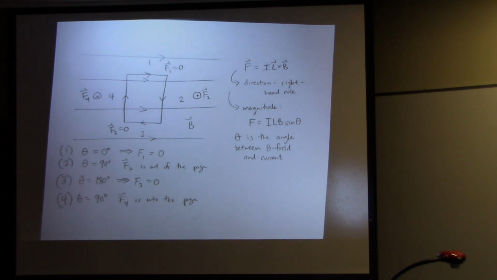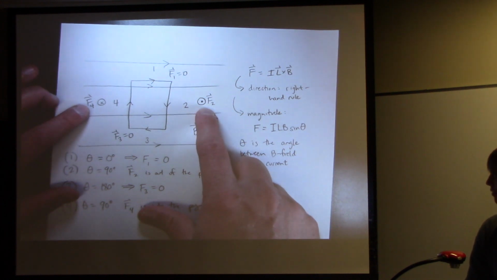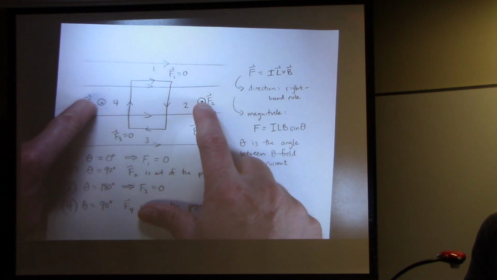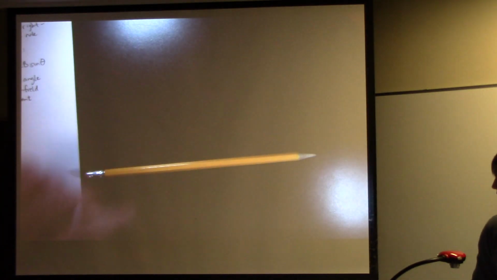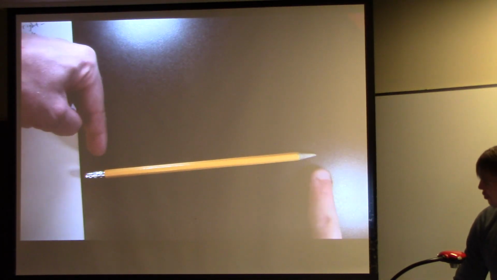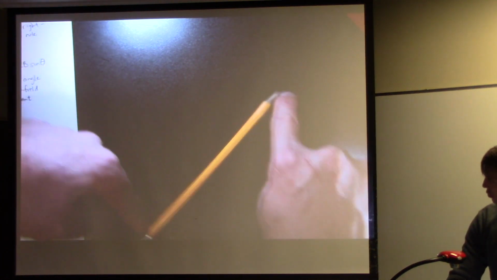Okay, last thing to note here is what happens if I have a force on one side of an object that's pointing one way, and a force on the other side of the object that's pointing the opposite direction. So here, let's take this pencil for instance. Okay, if I push down on this end, and then I push up on this end, what happens to the pencil? It starts to rotate.